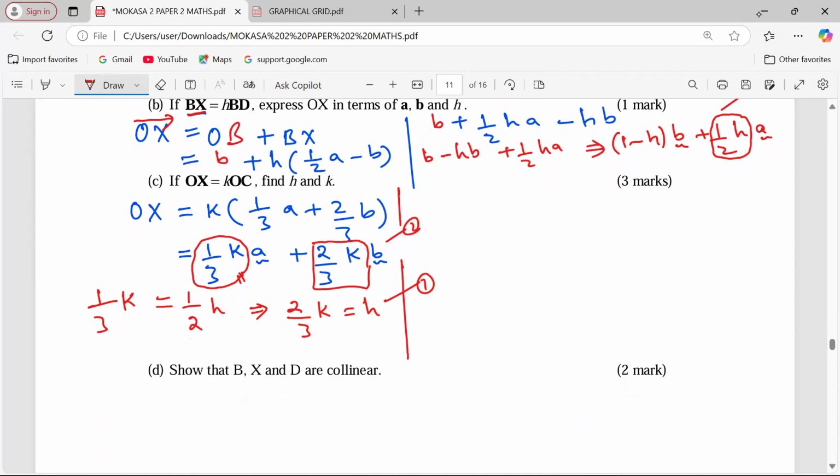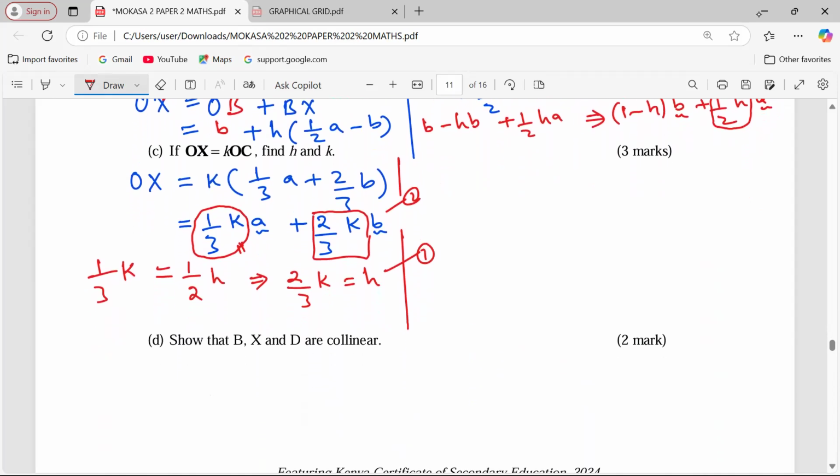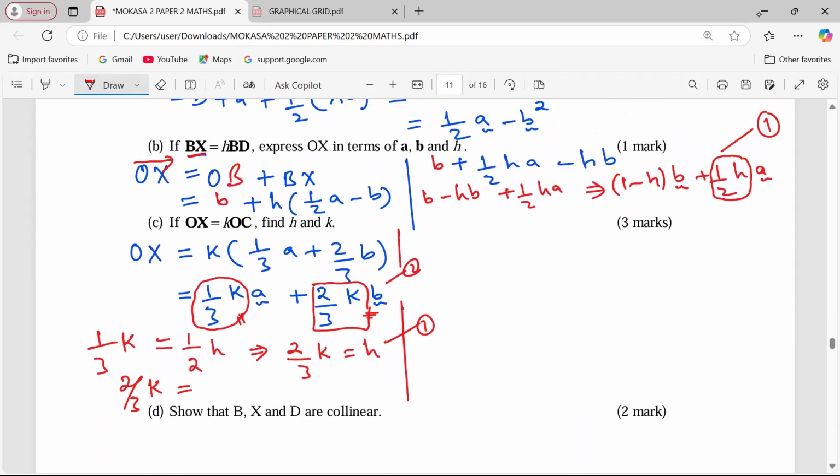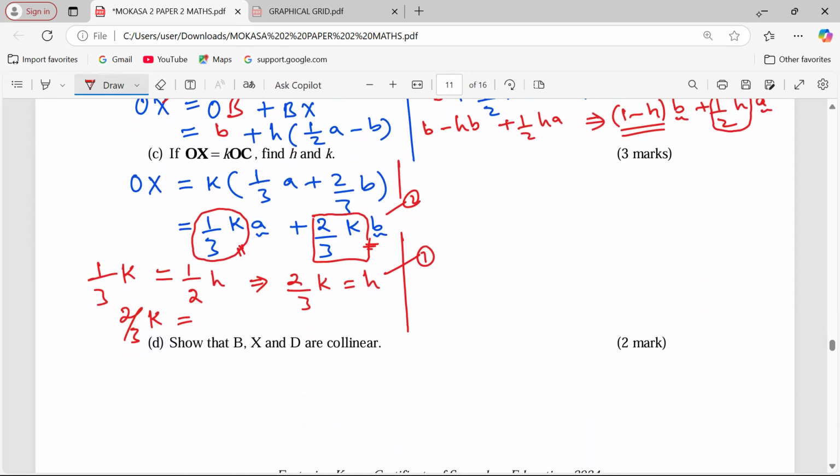Equation Roman 2 will come from equating the coefficients of vector B. For vector B, we have 2 over 3 K from equation 2. It should be the same as 1 minus H, the coefficient in equation 1. So this is equation Roman 2.